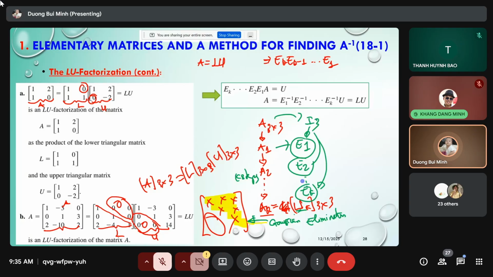Or we can say U equals EK times EK minus 1 and so on, times E1 times A. This is the theorem of elementary matrices, right?